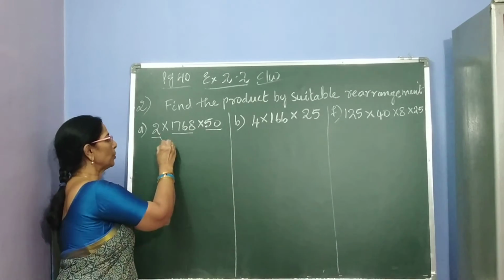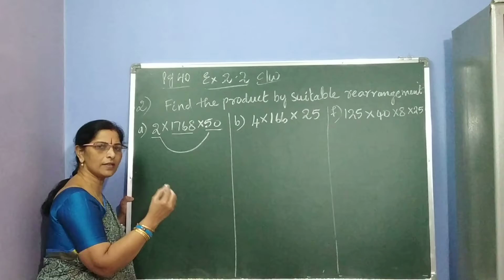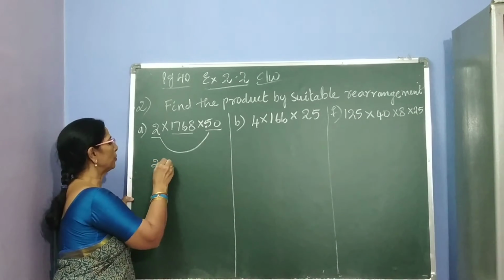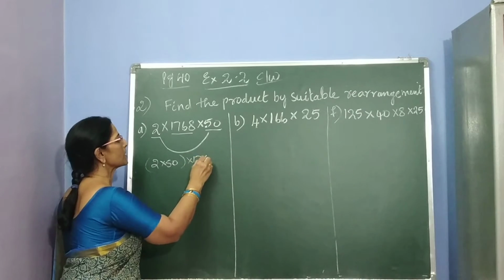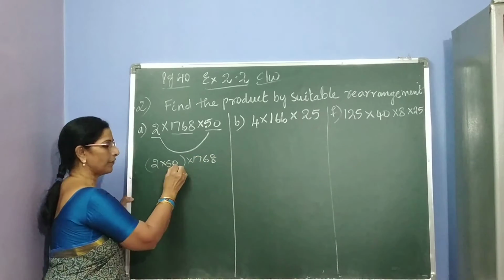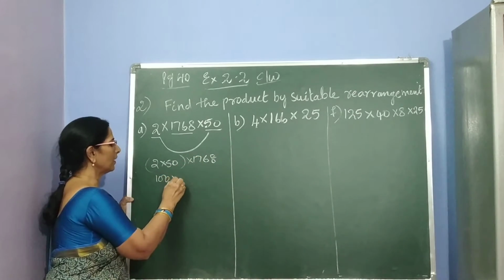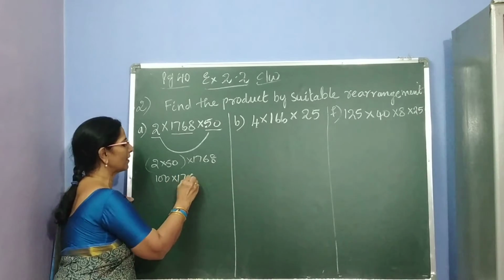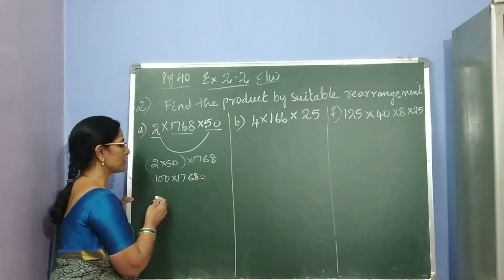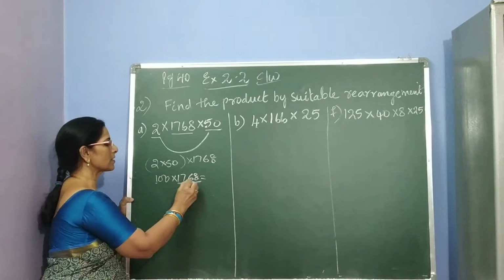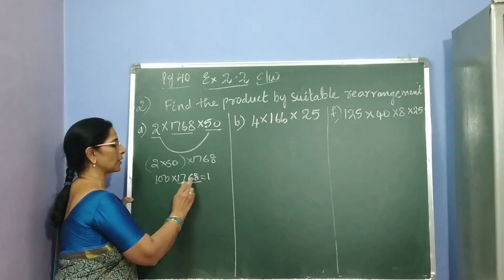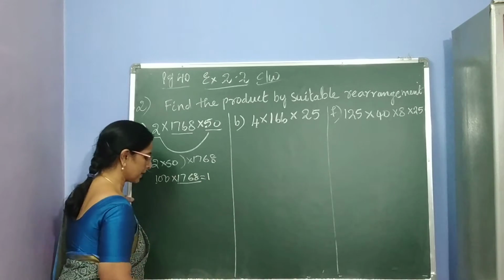See here, 2 into 50 is very easy. 2 into 50 in one group, into 1768. 2 fifties are 100, into 1768. What do we get, children? Take 1 zero. 1 into 1768.